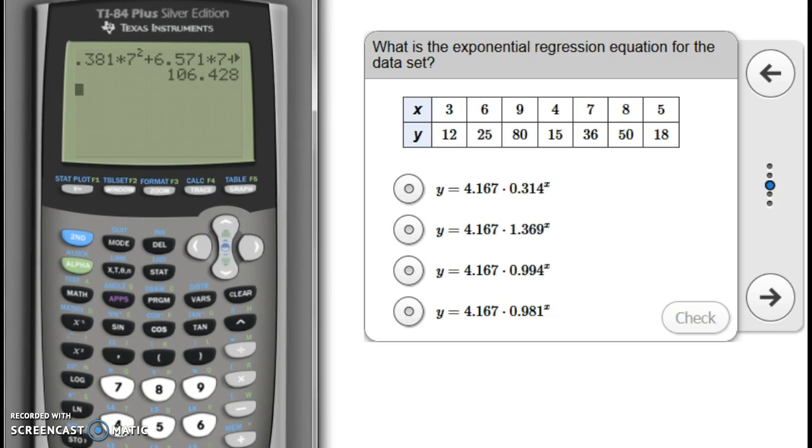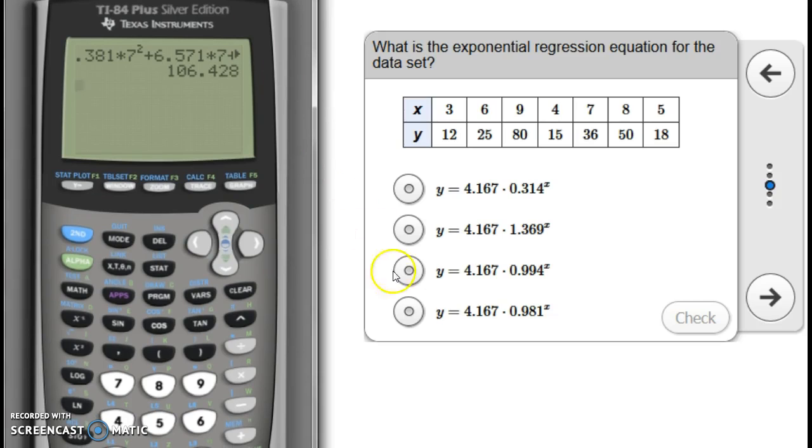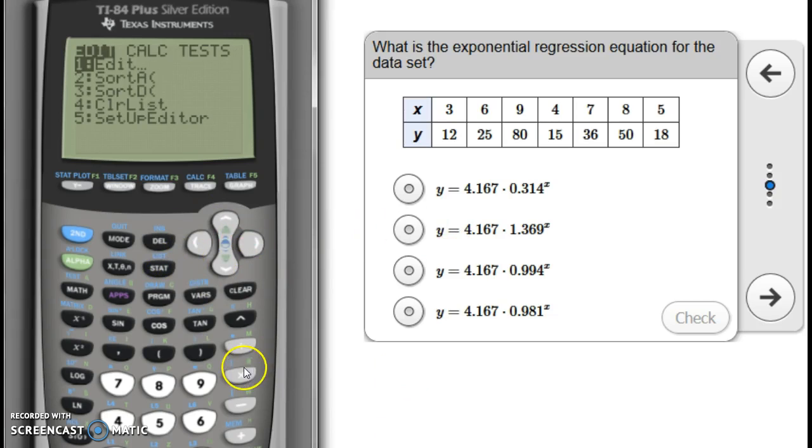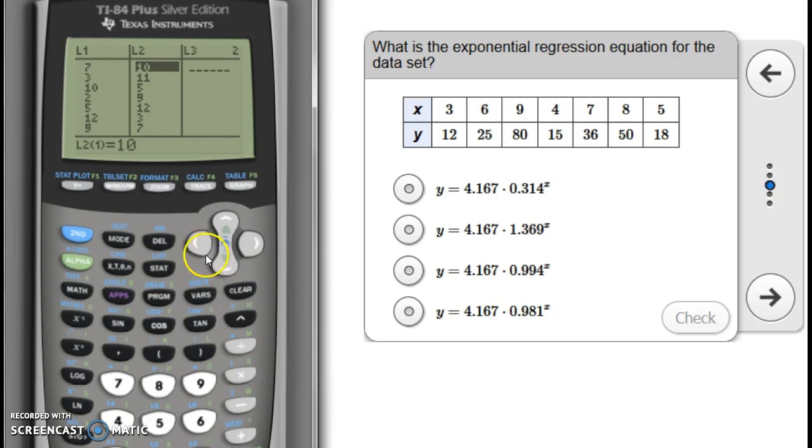Okay, this time, what is the exponential regression for the equation? So we're going to go back into stat and we're going to go to edit. And again, we're going to clear our list. We're going to put the numbers in.